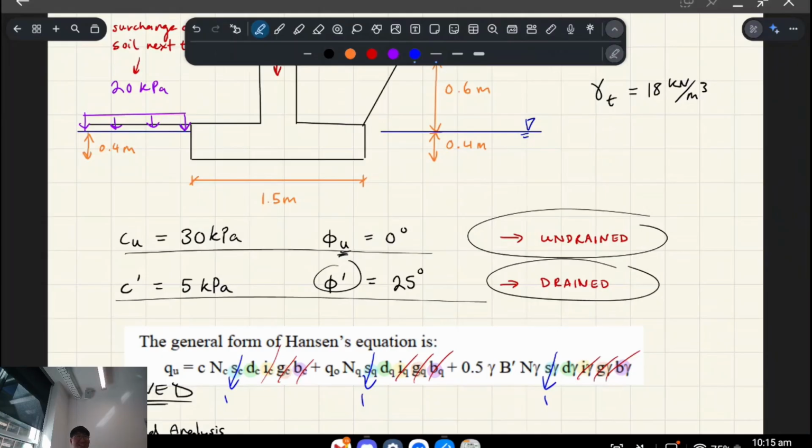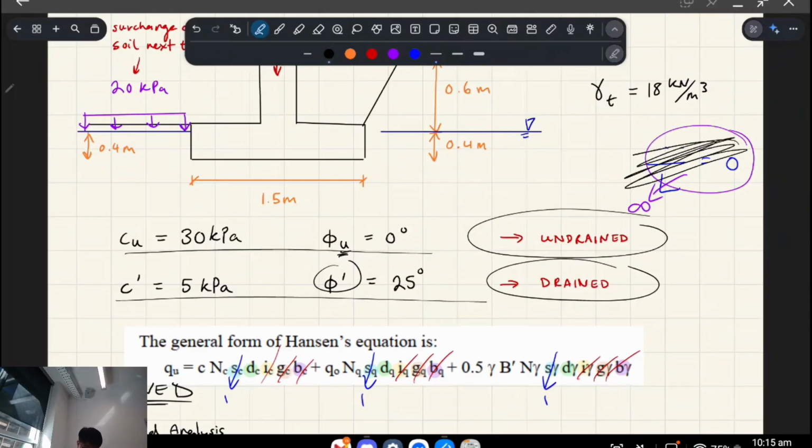You'll see that if it's a strip footing where we have a really large L, then something over L goes to zero as L goes to infinity, I believe. I can't remember exactly.